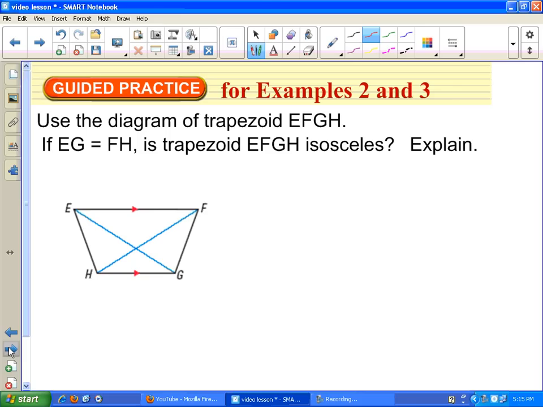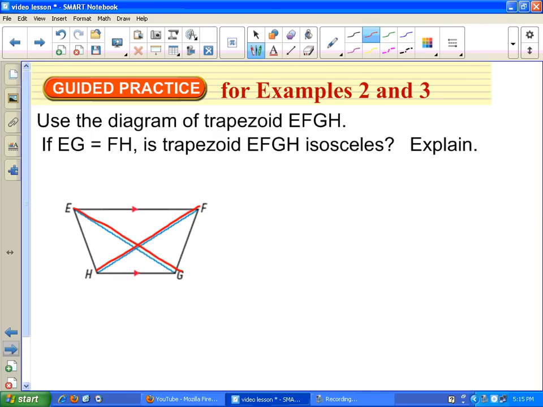Now we're going to have to think back to our lesson today. It says, use the diagram of trapezoid EFGH if EG is equal to FH. If the distance from E to G is the same as F to H, is trapezoid EFGH an isosceles trapezoid?